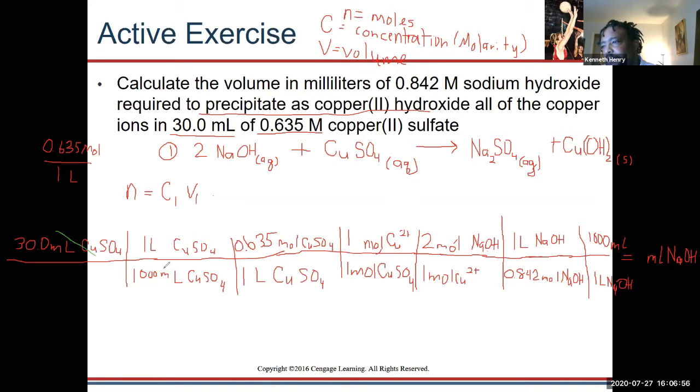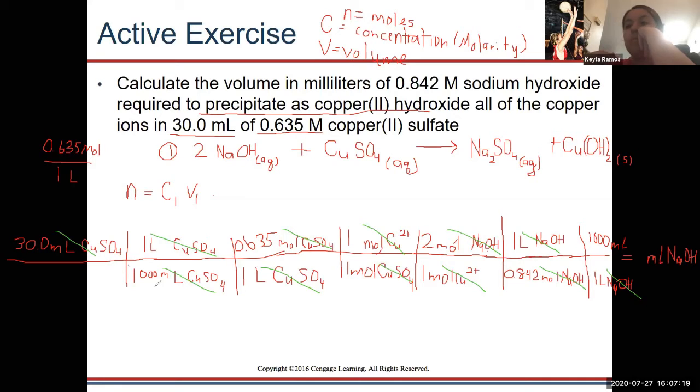Milliliter, milliliter, liter, liter, mole, mole, moles, moles, liters, liters. Does that all look right so far? Yeah. I'm going to cross out this 1,000 here and that 1,000 up here, so we can get rid of all these ones. Okay, so I just have to worry about these numbers here.